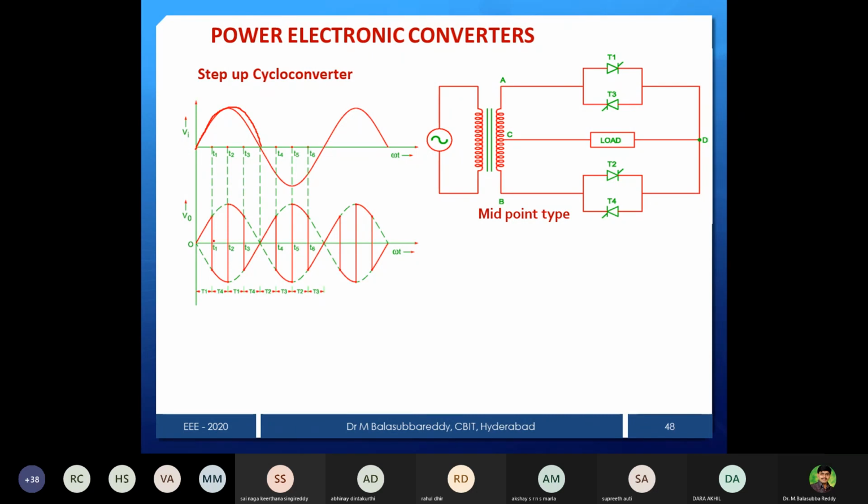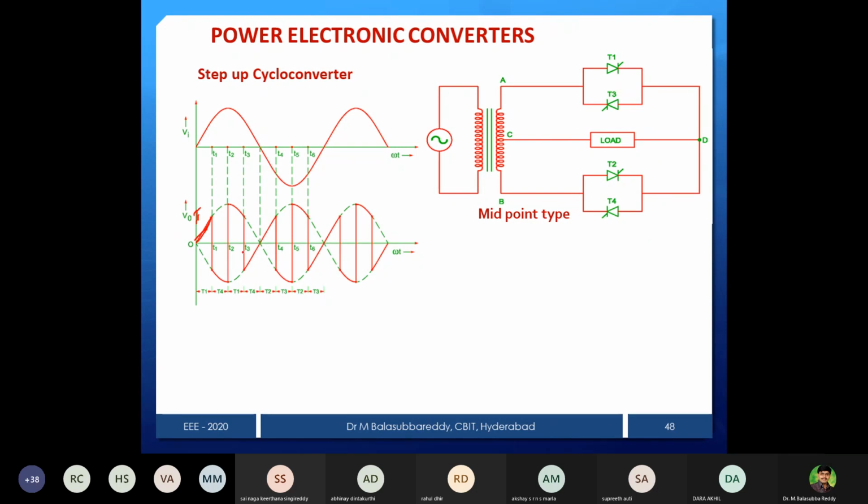Then, once this point is reached, if I am allowing T1 to conduct first, this is the output, the first envelope. For T1 conducting, if I do not do anything, it goes on conducting up to pi.